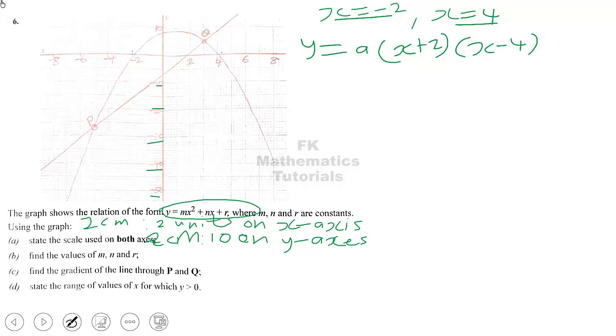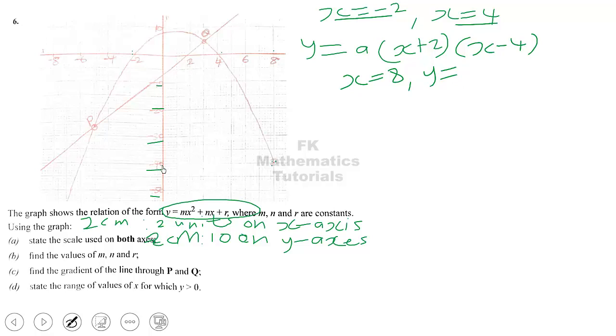If you look at this point here, you can see that when x equal +8, y is equal to -40.